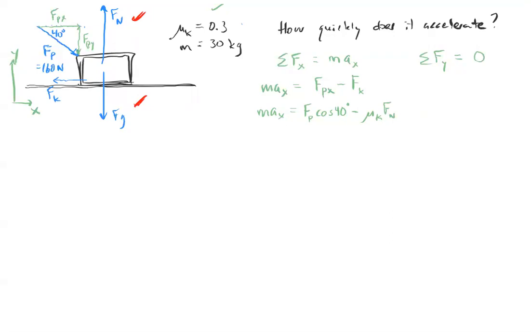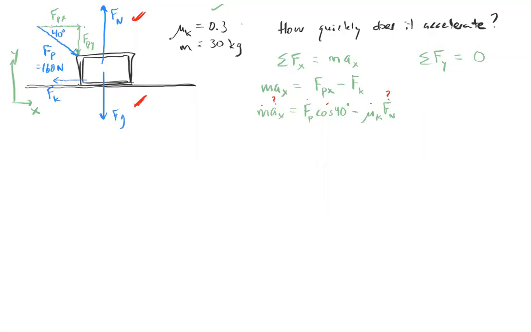If we look at that equation, there's a lot in there, but we know a few of these things, right? We know the mass, we know the force of you pushing on it, 160 newtons. We of course know what cosine 40 degrees is, or can ask our calculators, and we know the coefficient of kinetic friction. But we still have 2 unknowns. We have the one that we're looking for, and we have F sub n, which we don't know off the top of our heads.